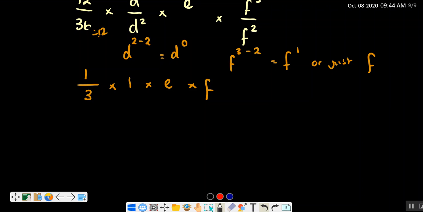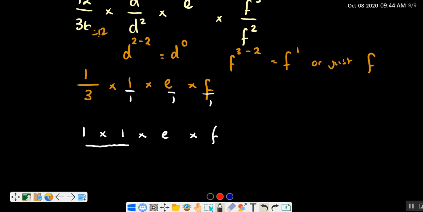All right. Now, how do we simplify that? Well, my tip would be anything without a division, we put a 1 underneath. Because then what we can see is now the top becomes 1 multiplied by 1 multiplied by E multiplied by F. Yeah?